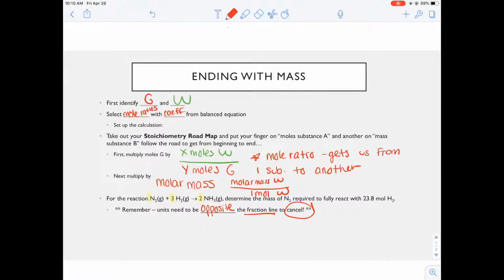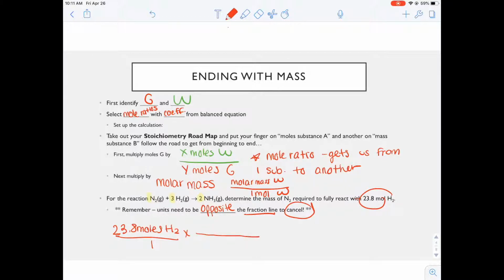All right. As always, we want to start with the given. We want to take our given value and start with it on the left. So 23.8 moles of hydrogen is what we're going to start with. Set up a fraction line.